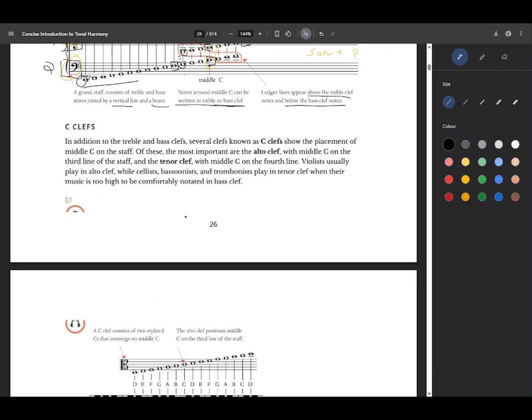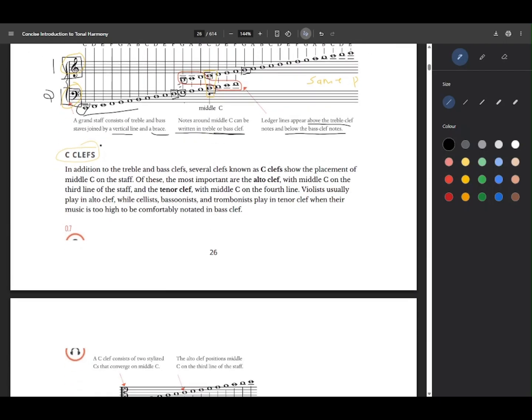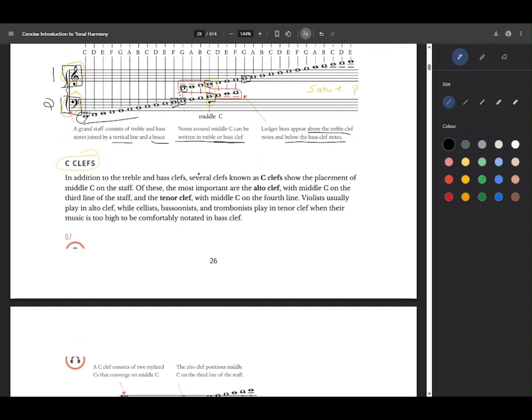All right, next we're going to throw something in that is even more complicated, our C clefs. There are several different types of C clefs, but we're going to be looking at what appears to be two of them here. But once you learn one of them, you can apply the knowledge to the rest. Reading the book: in addition to our treble and our bass clefs that we just discussed, there are several clefs known as C clefs, and they show the placement of middle C on the staff.